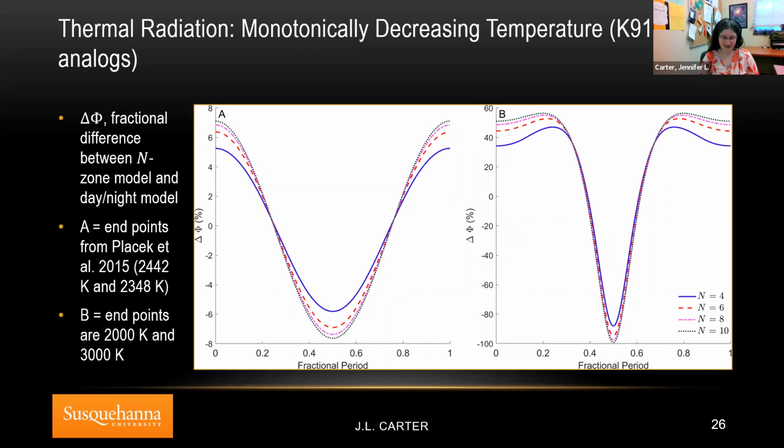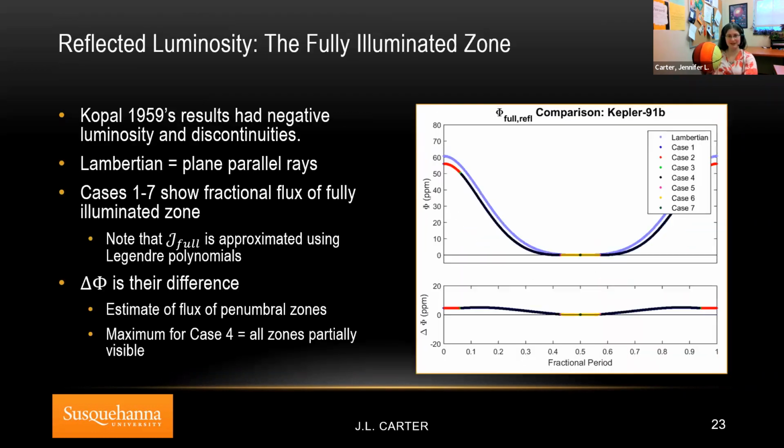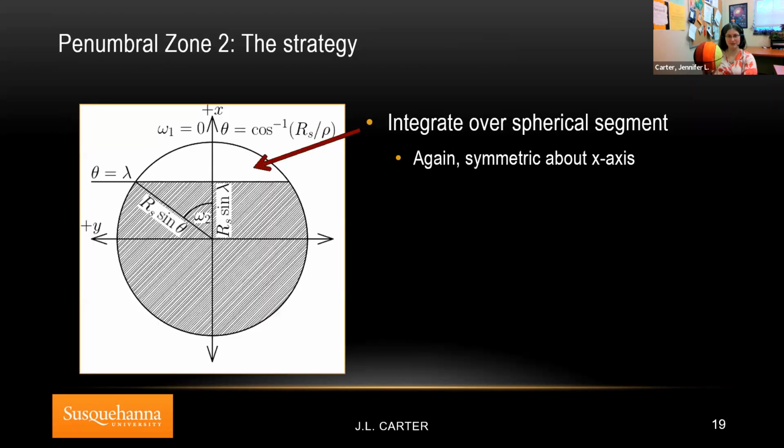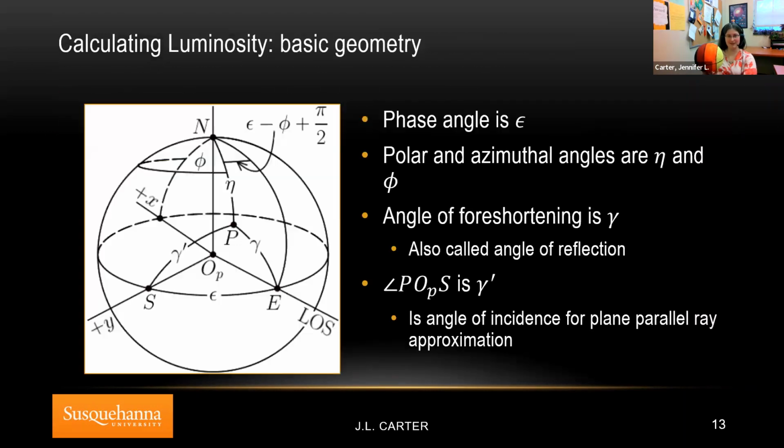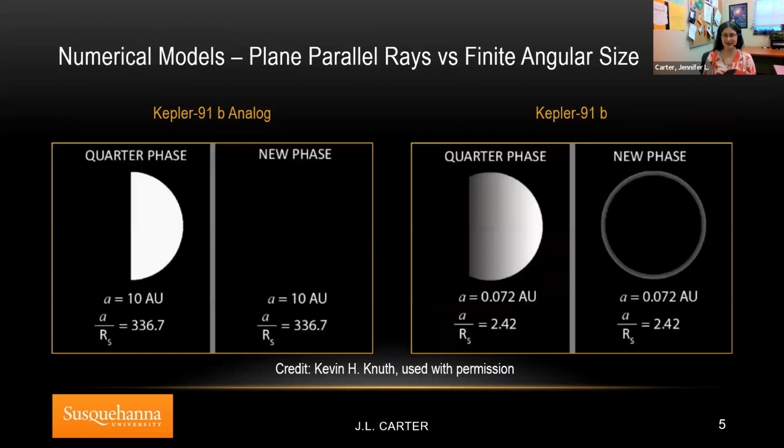I think for very close-in exoplanets, you might need more zones rather than less. I'm looking at this geometry and some of the numerical models that a colleague of mine, Kevin, put together. Kevin Knuth is way at the beginning. Visually, you see much more of a gradient, even just with that incident light, than with the reflected light.